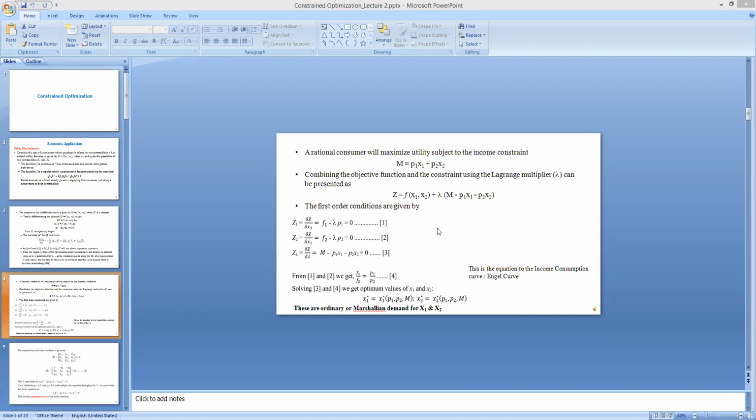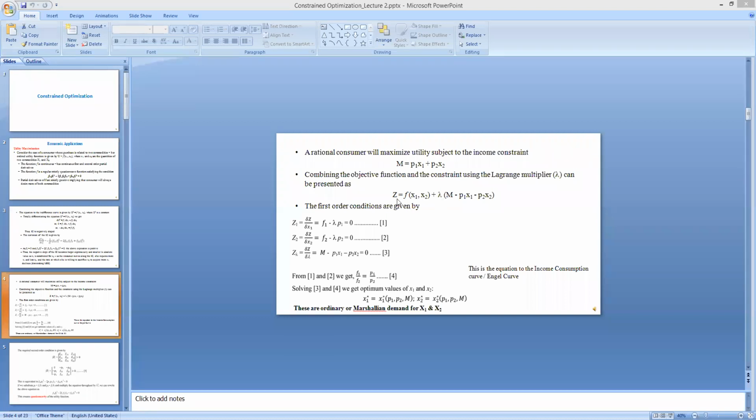Now, in case of equality constraint, Lagrange derived a wonderful formula where the objective function can algebraically be added with the restriction or with the constraint using a Lagrange multiplier. So here we are writing the new objective function where we are adding the original objective function with the constraint along with the Lagrange multiplier.